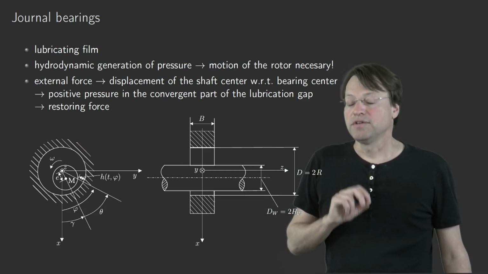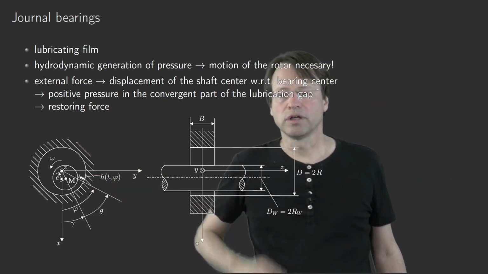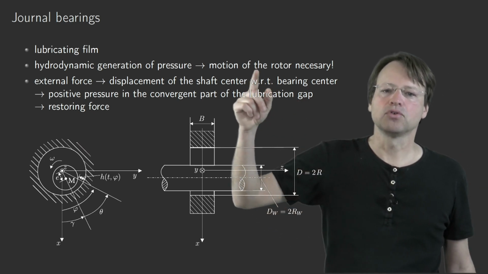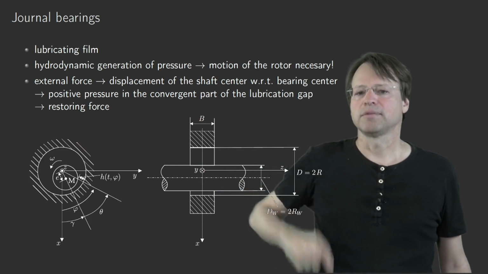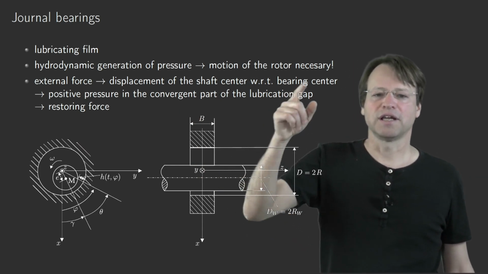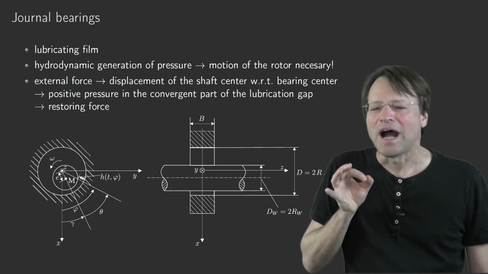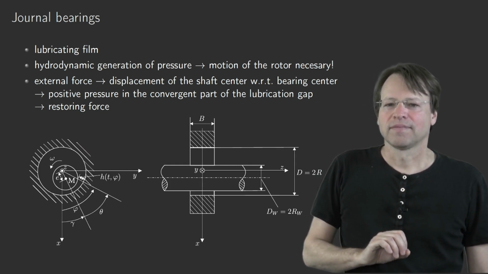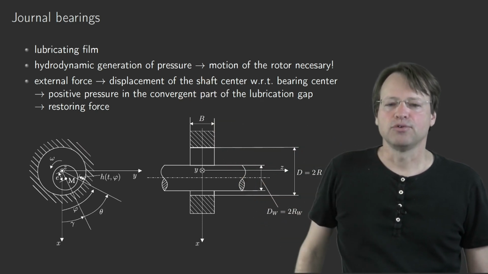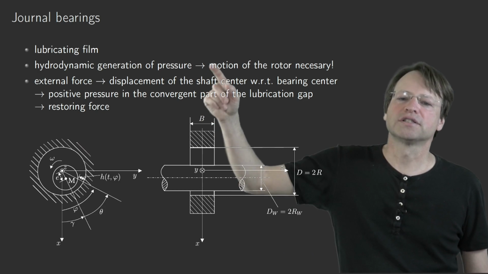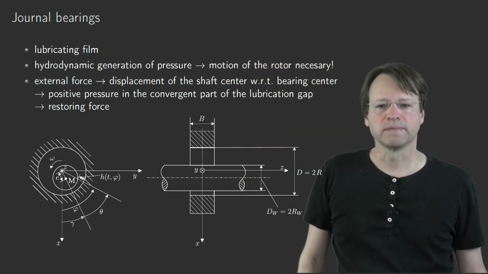Things become more difficult because such a rotor in a journal bearing, as I said, the motion of the rotor is necessary for hydrodynamic generation of the pressure. There's an S missing, I'm sorry for that. However, on the other hand, the hydrodynamic pressure influences, so there is a back influence on the motion of the rotor.